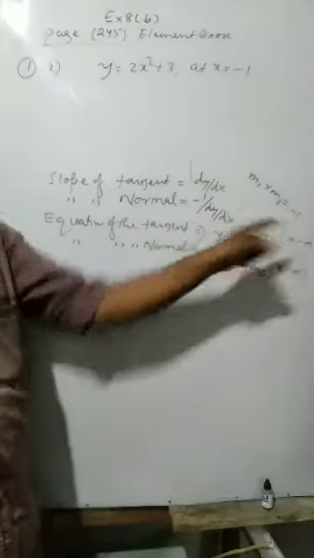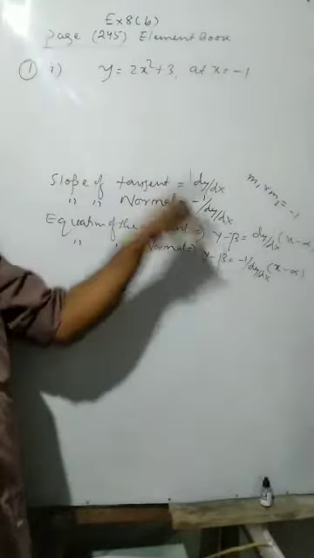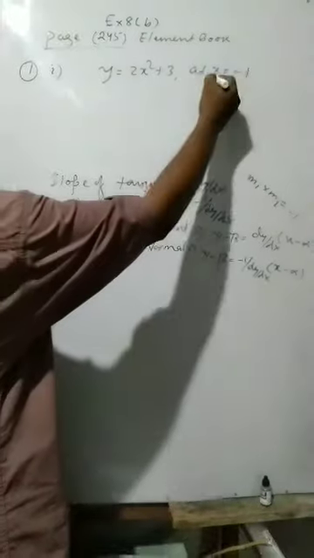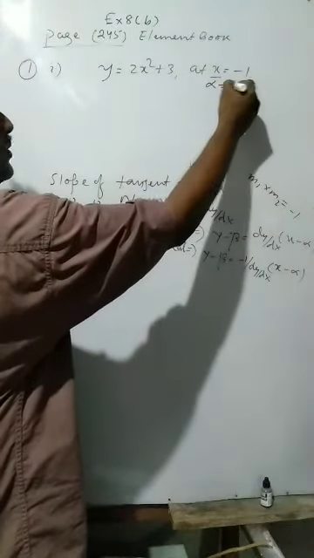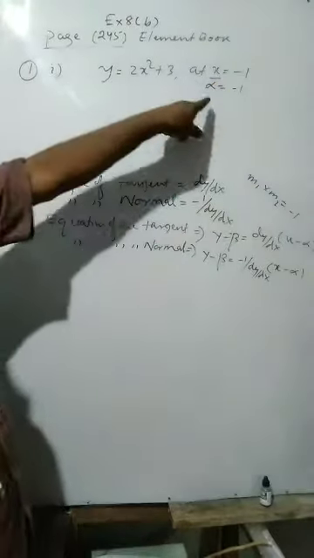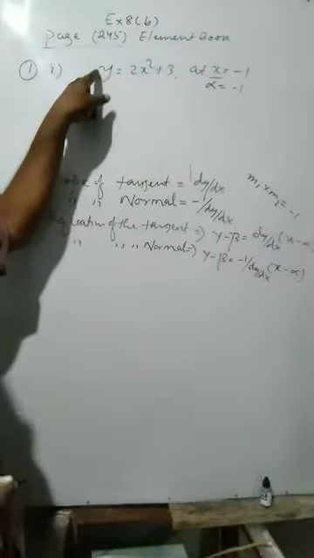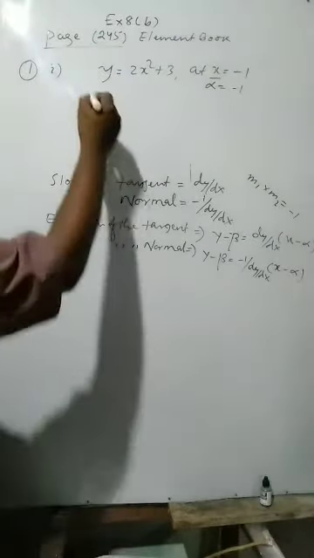So now look, first of all we have to find the point alpha beta. How to find it? Here the x value is given, so alpha equal to -1. For finding beta, put the value of x here, and we get the value of y, that is beta.